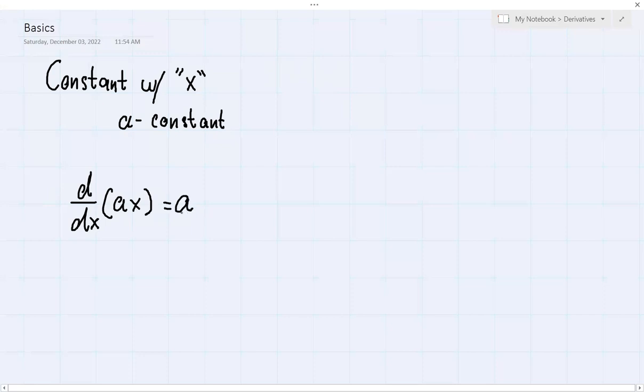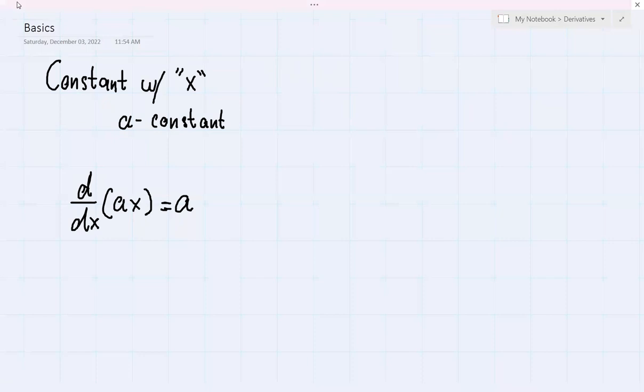Kumbaga, if you're going to get the derivative of a constant times x or constant with x, the answer is the constant itself. So, to simplify it, ang derivative ng ax ay si a.